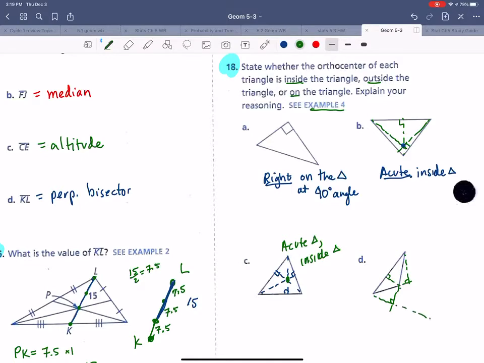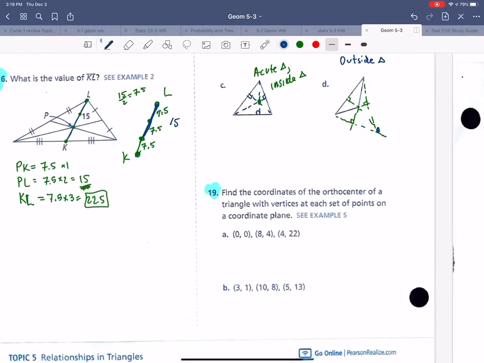And so if we extend these out, I'd end up with my orthocenter outside the triangle. Why? Because this is an obtuse triangle. Okay.